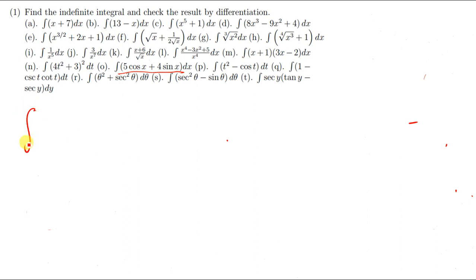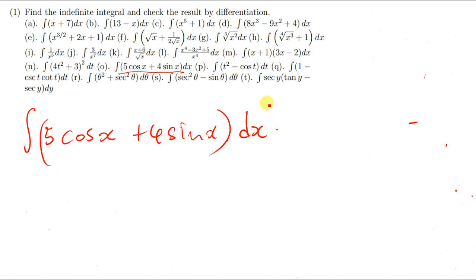So we have the integral of 5 cos x plus 4 sine x dx. So integrating this is straightforward.